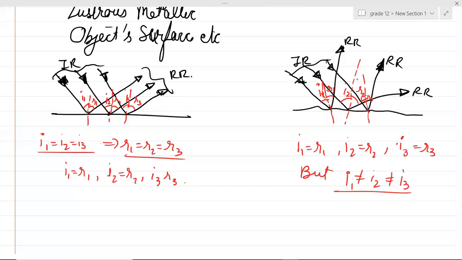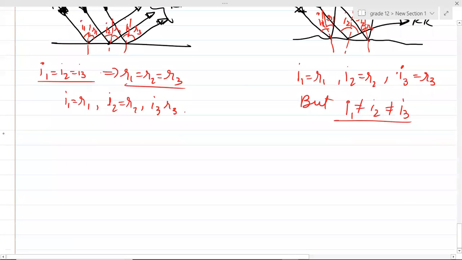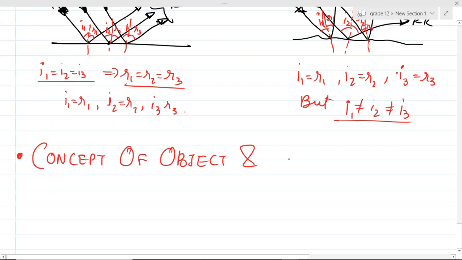So this was basic 10th grade portion. Still the 10th grade portion is not over. Please write down the heading: the concept of object and image.